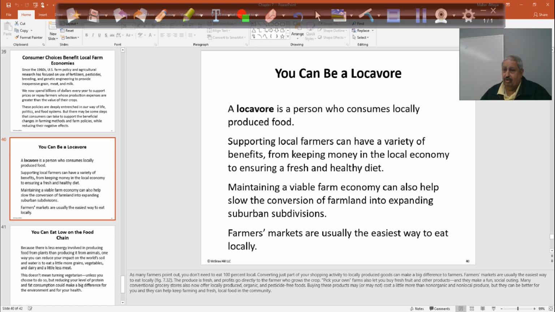You can be a locavore. A locavore is a person who consumes locally produced food, and we are really locavores, by the way. If you look at the food at Walmart, Target, the food is made by our own farmers, Georgia farmers. It's not imported from anywhere. I have some friends that have farms, and they bring some of the food inside Target and Walmart.